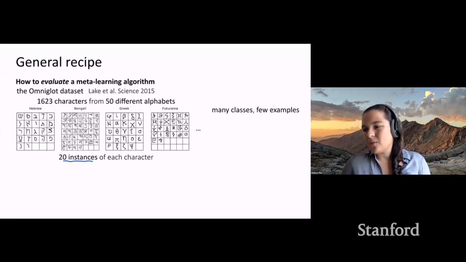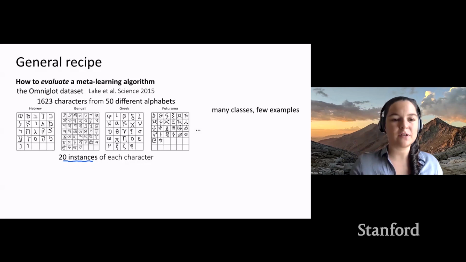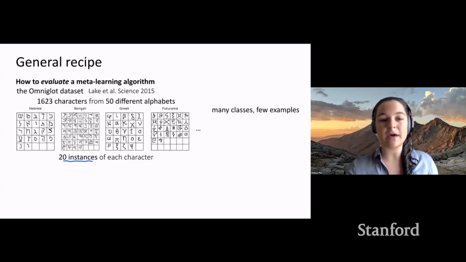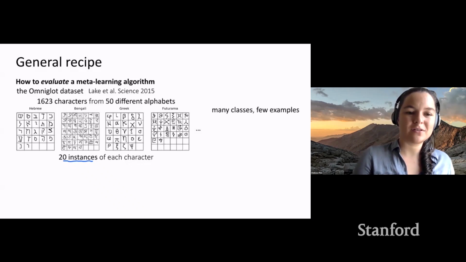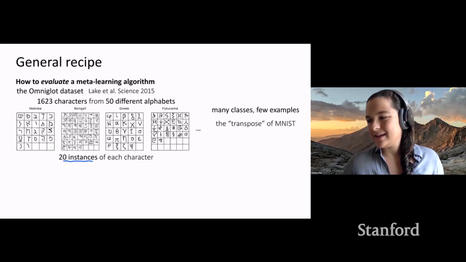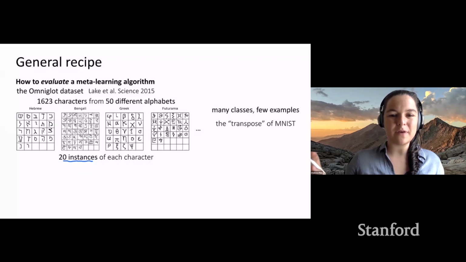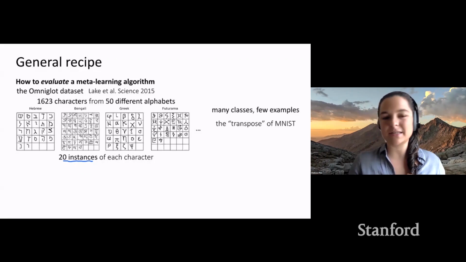One thing that's interesting about this dataset is that it has many different classes. It has more than 1,000 classes, but only a few examples per class, only 20 instances per class. In some ways, this is like the transpose of MNIST, which has 10 classes and a very large number of instances per class.